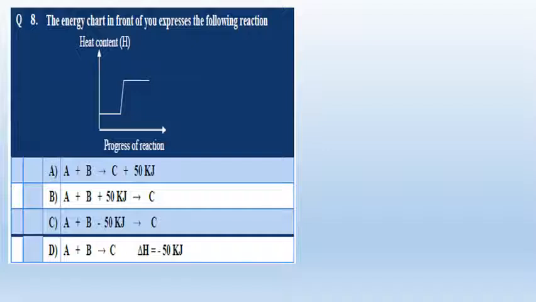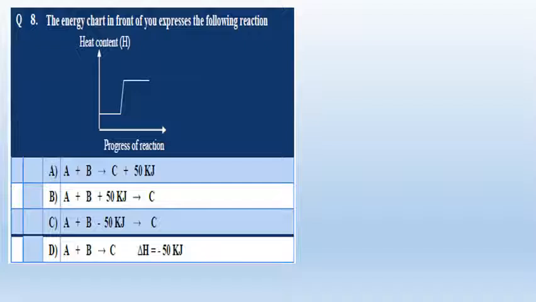B, A plus B plus 50 kilojoule produces C, and this means that the system absorbs 50 kilojoule. This means that the system absorbs an amount of heat energy, and this is an endothermic reaction, and this is the right answer. In C, A plus B produces C minus 50 kilojoule.